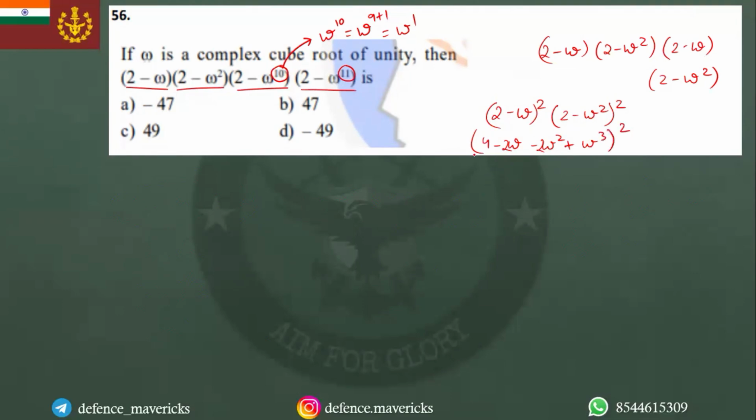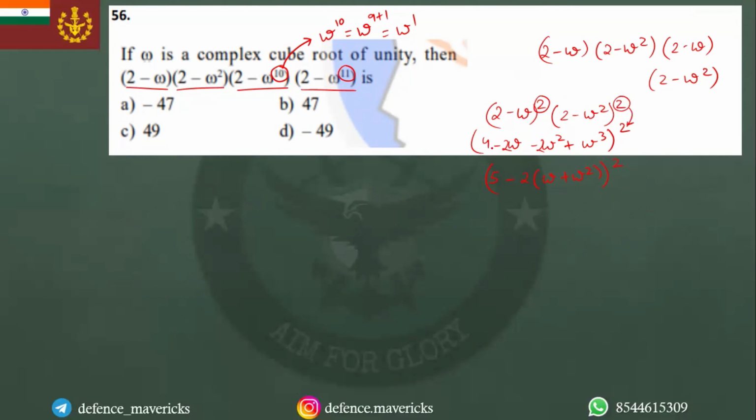Now 4 plus omega cube is 5. I'll take 2 common, this will become omega plus omega square. So I hope you are understanding. What I did is I just multiplied these two brackets and put the square separately. Meaning this square I have written separately here, and I just multiplied these two brackets.